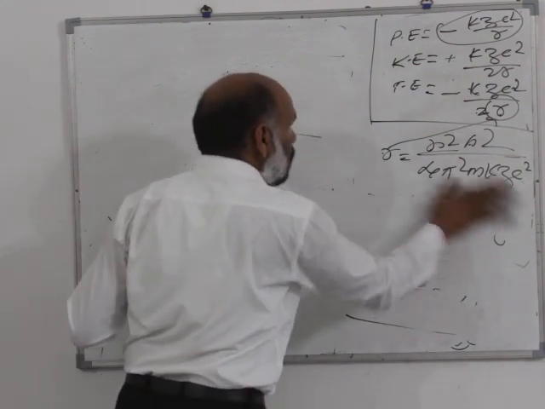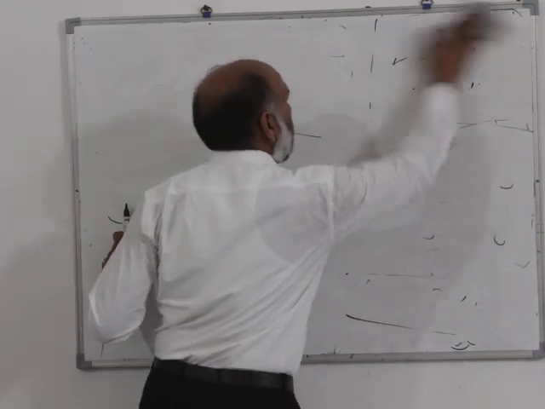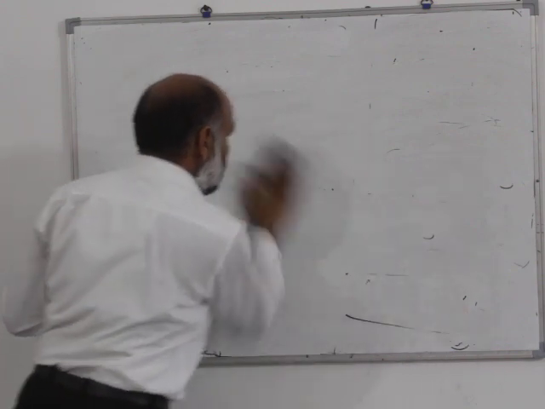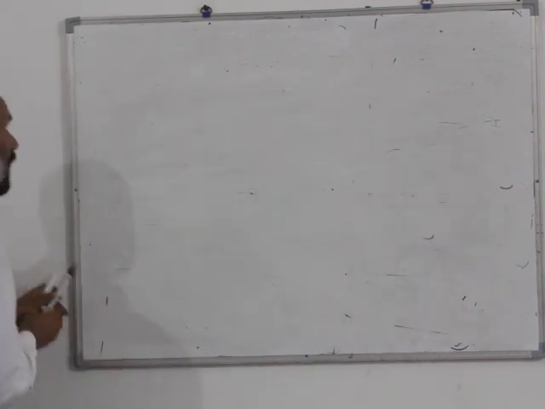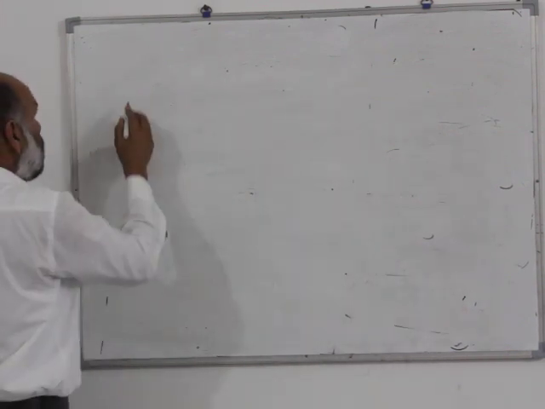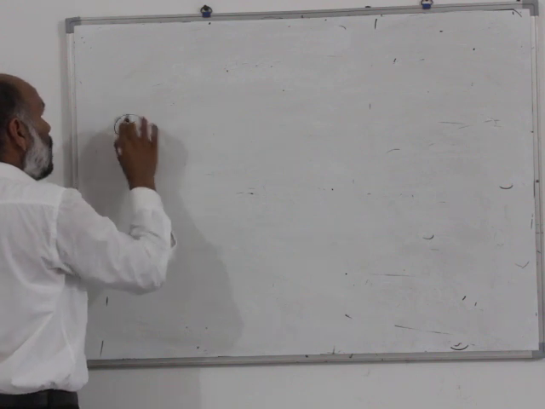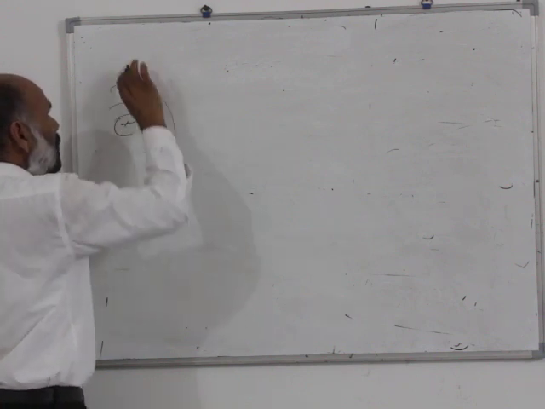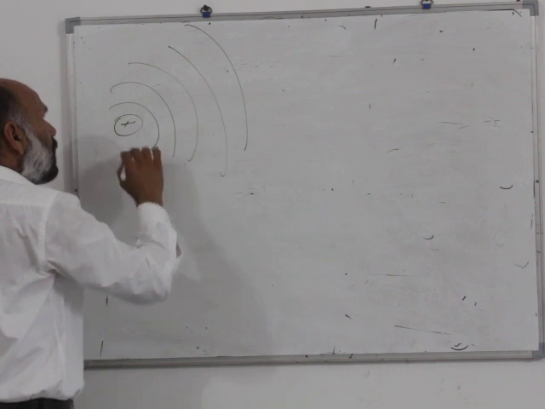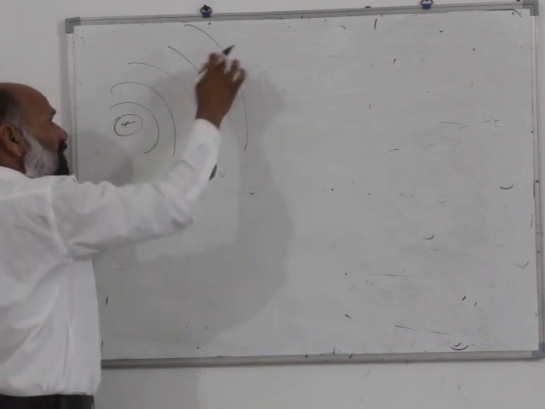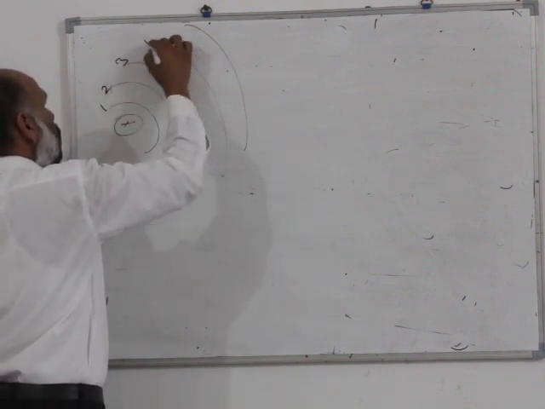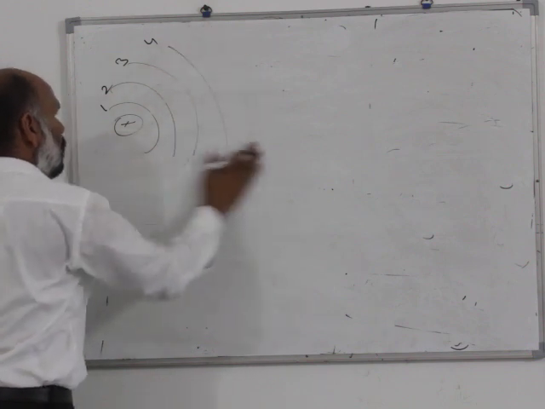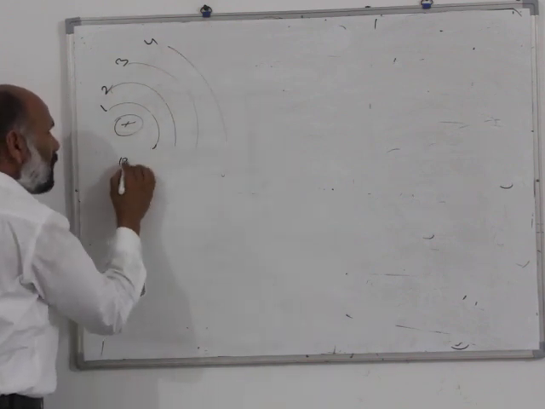So we are going to compare the energies of different levels of hydrogen atom first, and then we'll go for helium atom. This is hydrogen atom first orbit, second, third, fourth and fifth. Forget about the distance, separation increases. Okay, 1, 2, 3, 4, enough. So what is the energy here?